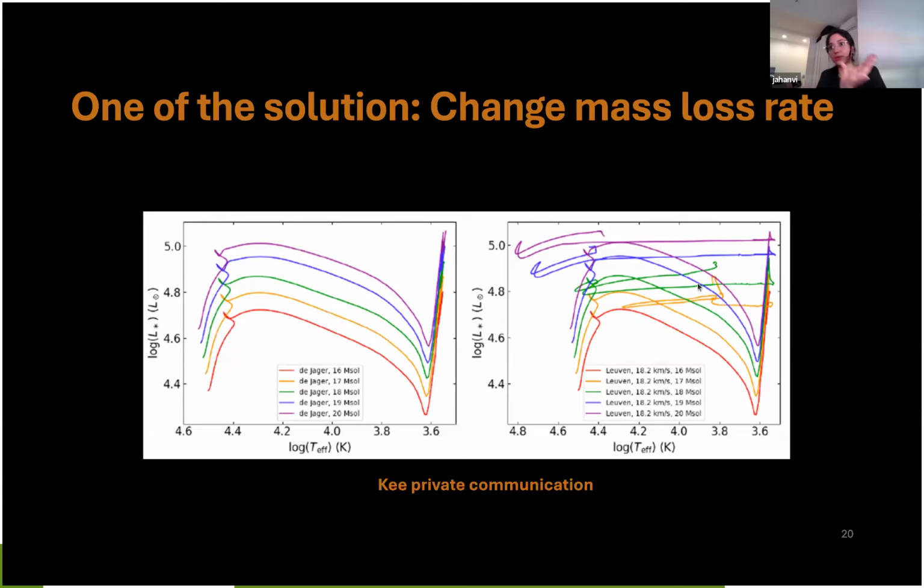Some of the stars will not even go to the red supergiant phase. I already said that there are discrepancies in calculating the mass loss rate, so if we can change them, then maybe the problem will be solved.